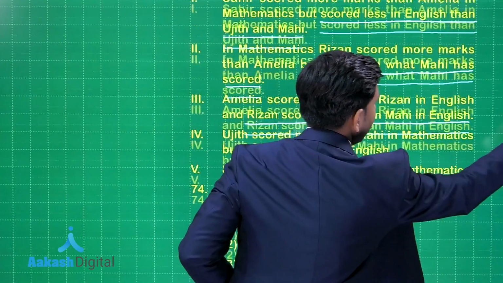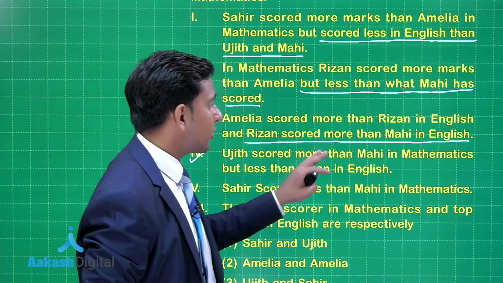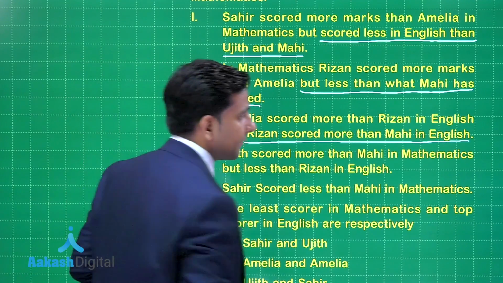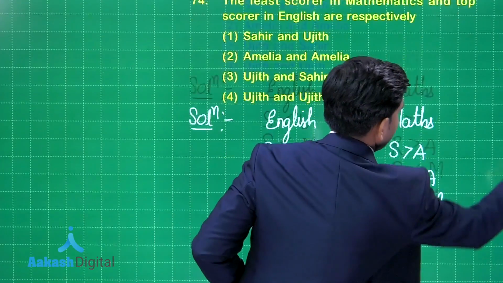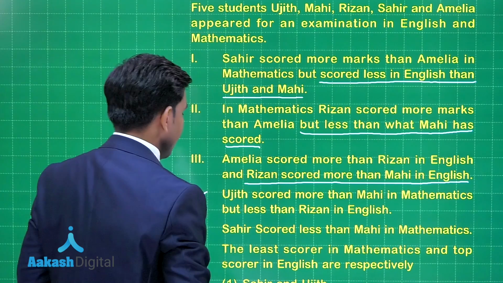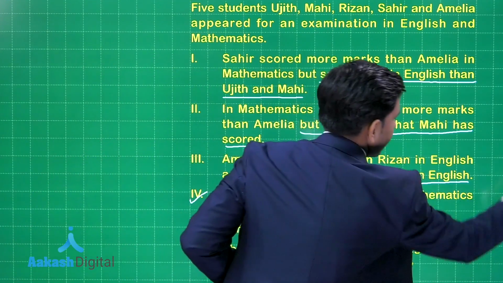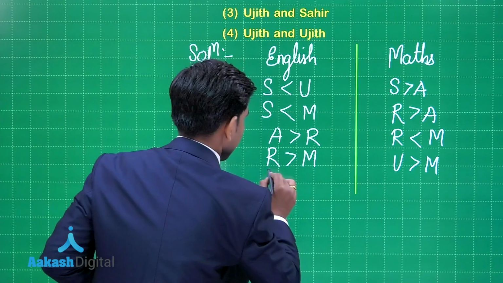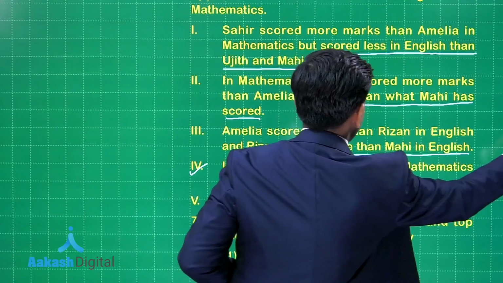Now proceed to statement number 4. Ujit scored more than Mahi in mathematics. Then, but less than Rizan in English. Clear? Proceed to the last statement.